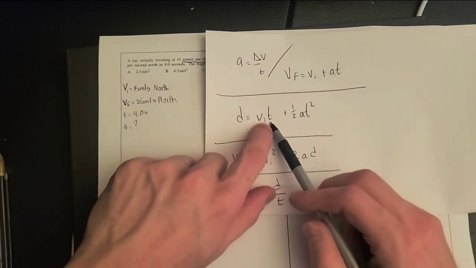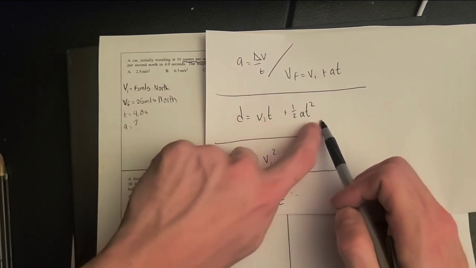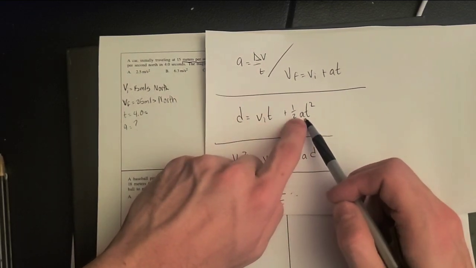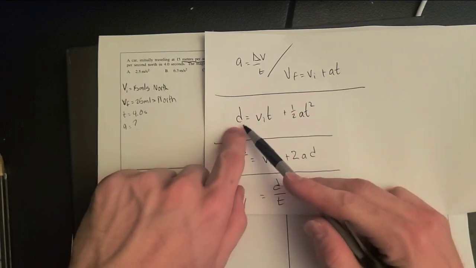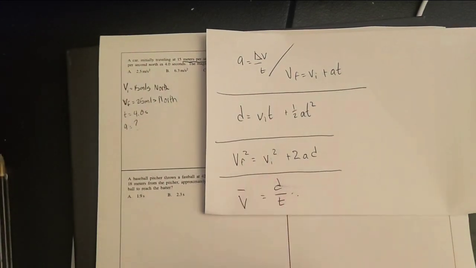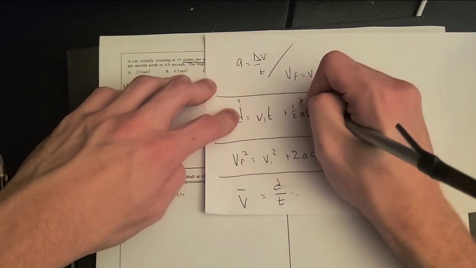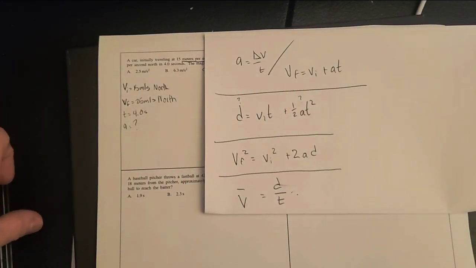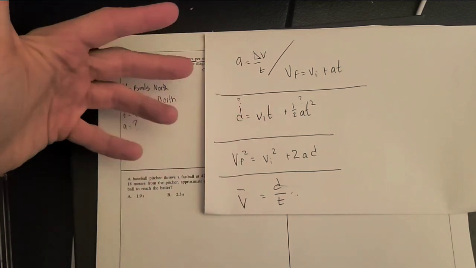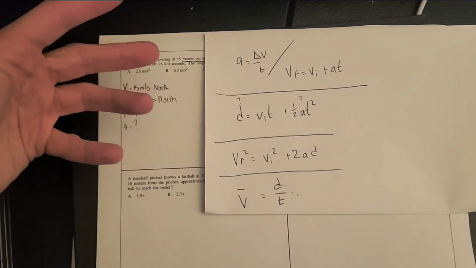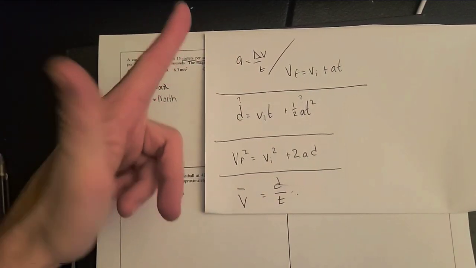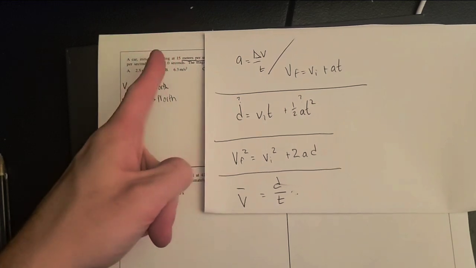I may know initial velocity, I may know time, and I want to find acceleration, but I also don't know displacement or distance, whatever the context of that question is. Then I don't know that, and I don't know that. Well, you can't use a formula if you don't know two things in there. It's not going to work. You have to know everything in there except for the one thing you want to find.